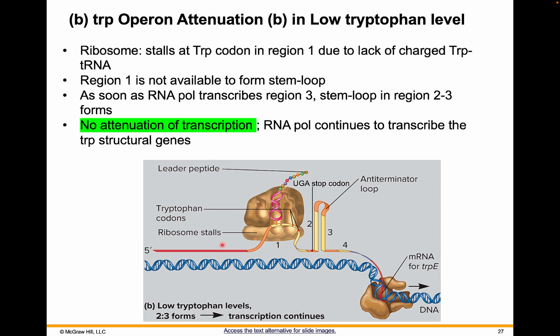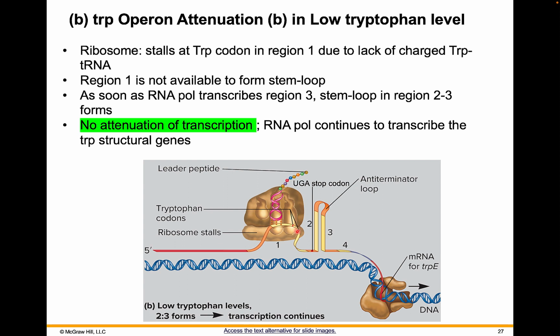So now what happens? The RNA polymerase is going on, and right here, the ribosome comes into this region where it finds the tryptophan codon. You can see that there are three sites: the exit site, the peptidyl site, and the acceptor or amino acid site. And this is the first tryptophan codon. It comes in here.